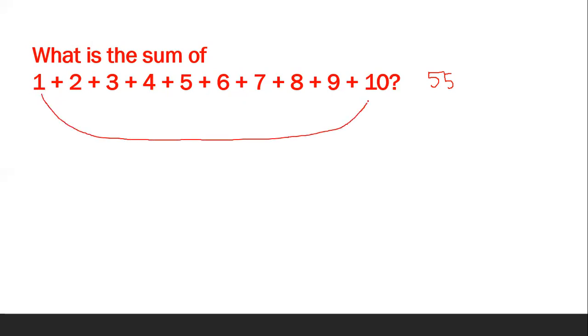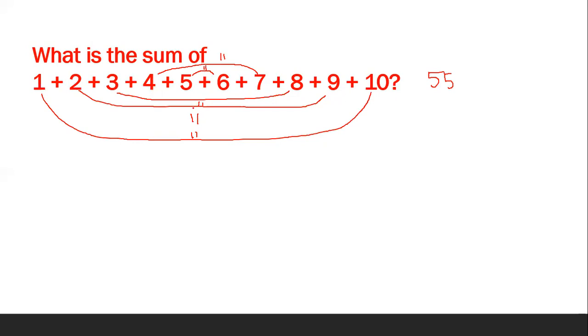If we add the first number and the last number, what is 1 plus 10? 11. How about 2 plus 9? Also 11. Then 3 plus 8, another 11. 4 plus 7, another 11. And 5 plus 6, another 11.